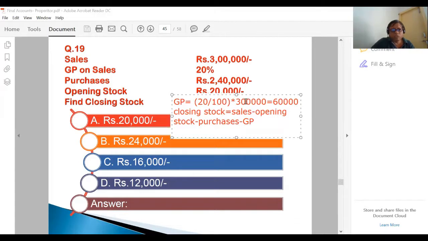Sales is how much? 3 lakhs. Minus opening stock. What is opening stock? Opening stock is 20,000. Minus purchases 2 lakh 40,000. Minus gross profit.